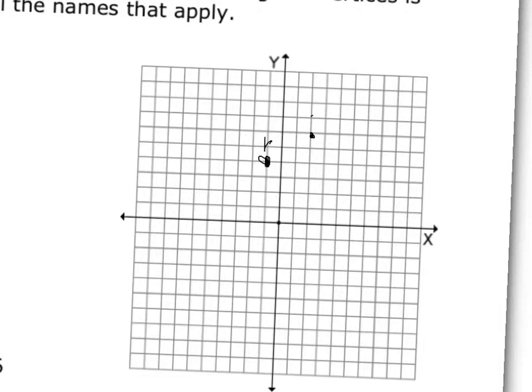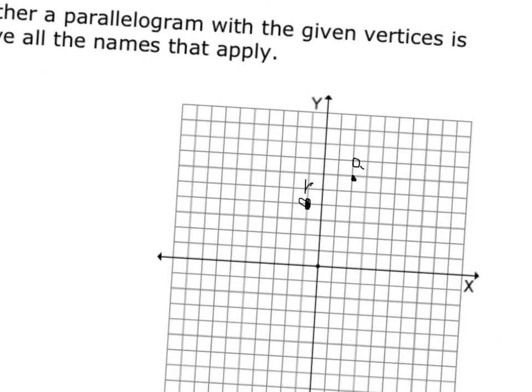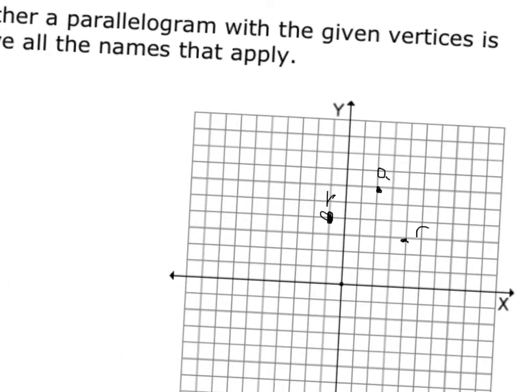And that is Q. We have R, which is 4, 3. 1, 2, 3. That's R. And S gives us 1, 1. Go ahead and connect your points.